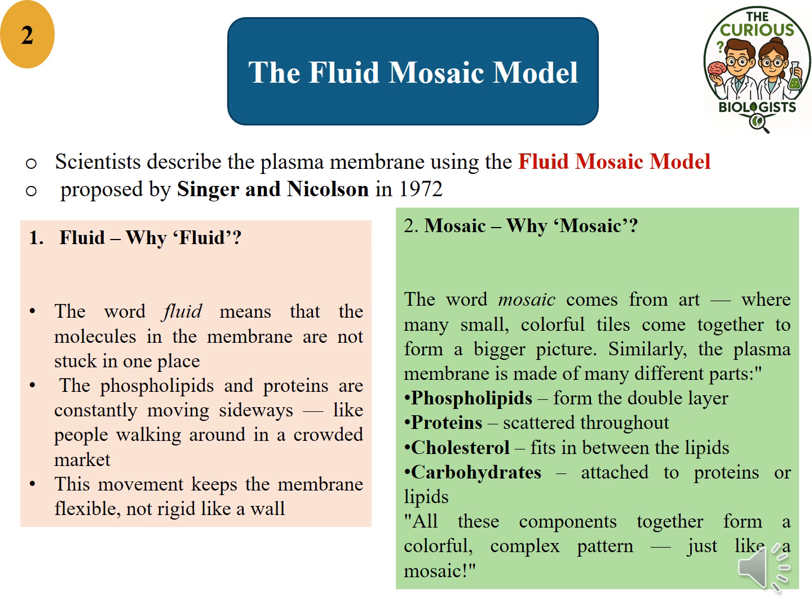The cholesterol fits in between the lipids, giving a flexible nature to the plasma membrane, and a number of carbohydrates are also attached. All these components together form a colorful complex pattern, just like a mosaic. Hence, this coming together forms a flexible plasma membrane. Okay, fluid and mosaic, these two words are described as such.